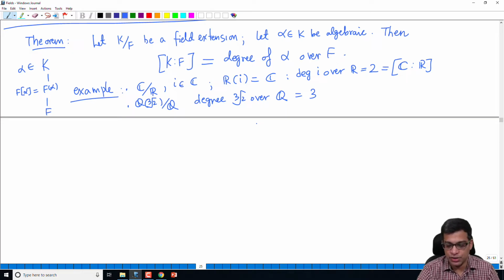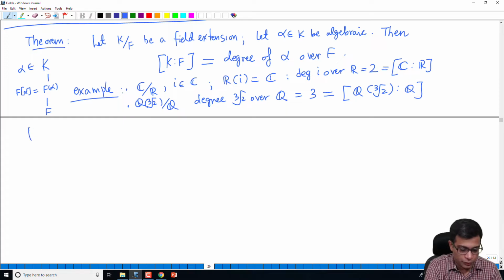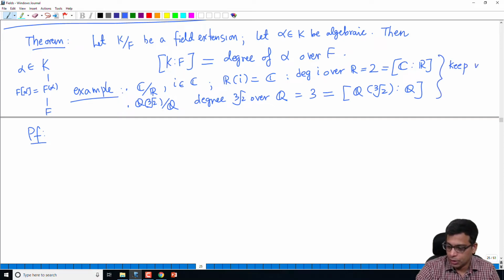X cubed minus 2 is the irreducible polynomial of this element over Q, and this is also Q adjoin cube root of 2 colon Q, the degree of the field extension itself. So I am going to prove this equality as part of the proof of the theorem. Perhaps I didn't do this example last time, but we are going to do this. So the two examples to keep in mind are these, among many other examples. As we are doing this, you might want to think about these examples.